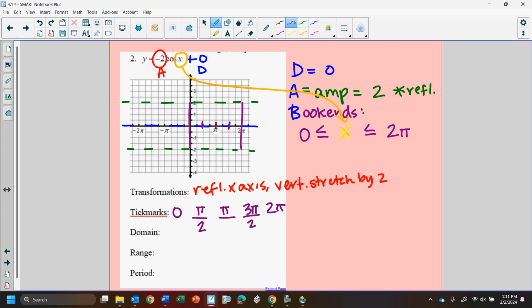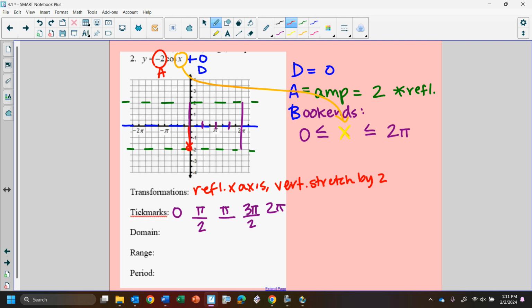All right. Are we drawing sine or cosine? Cosine. Where does cosine normally start? At the top corner, yeah? Up 1 or whatever, yeah? This one is different. Why? It's got a negative. And it's got a 2, right? So that negative is going to cause it to reflect. The 2 is going to stretch it. So how far away should that first point be?